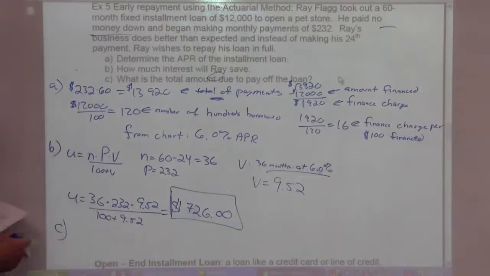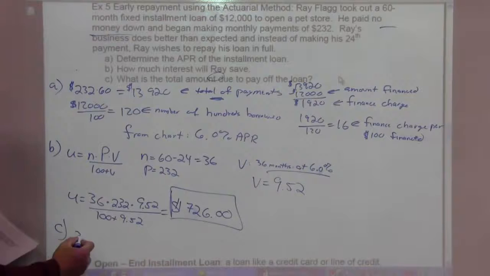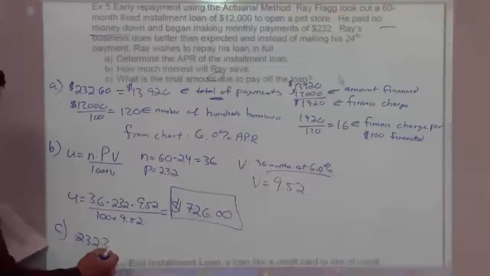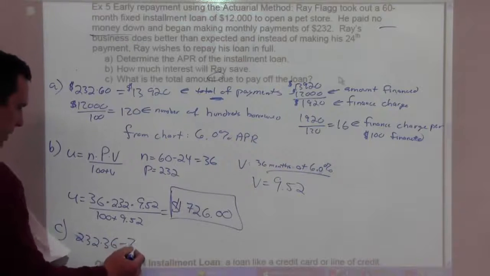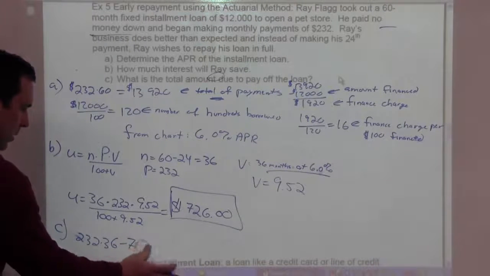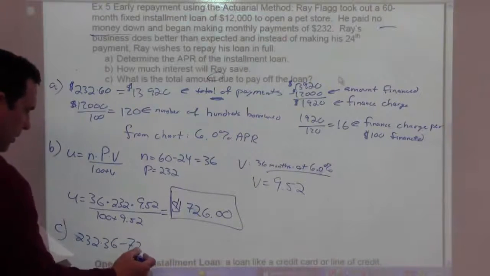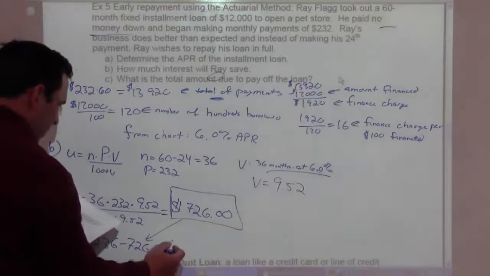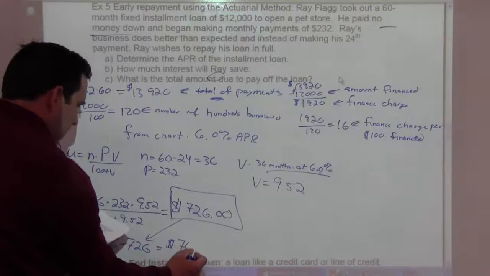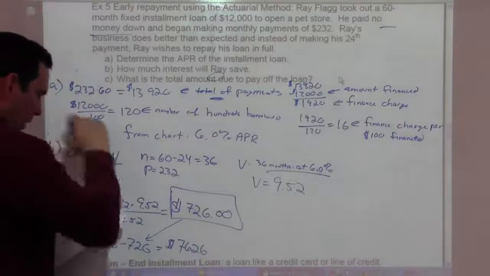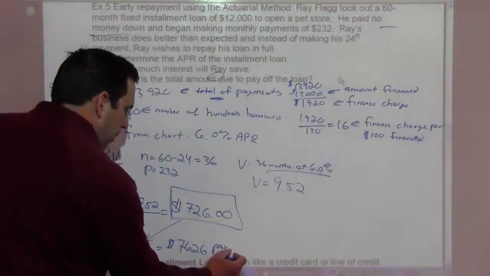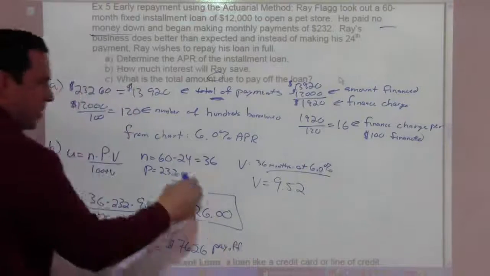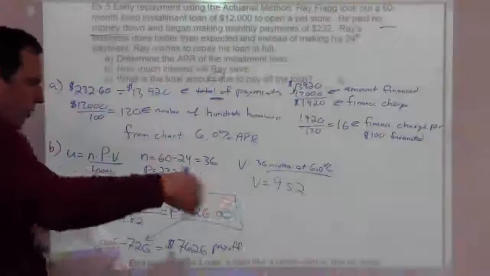So part C, he's got $232 a month times 36 months minus the $726 in interest he's going to save. That's going to be $7,626. That's the payoff for payments 25 through 60.